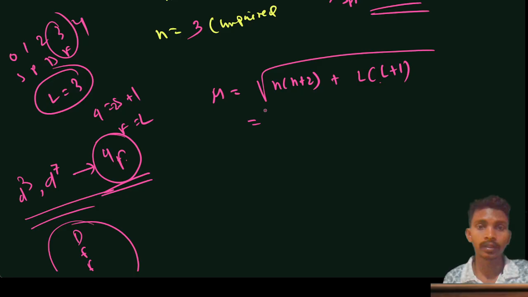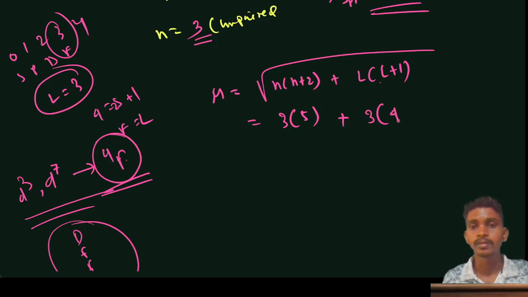From here I know that the L value is 3, and the number of unpaired electrons is also 3. So n plus 2 is 3 plus 2, that is 5, and L plus 1 is 3 plus 1, that is 4.